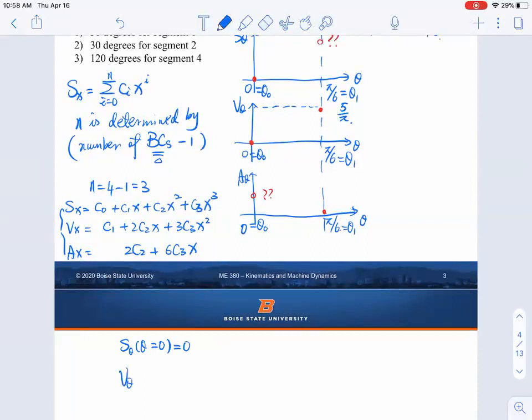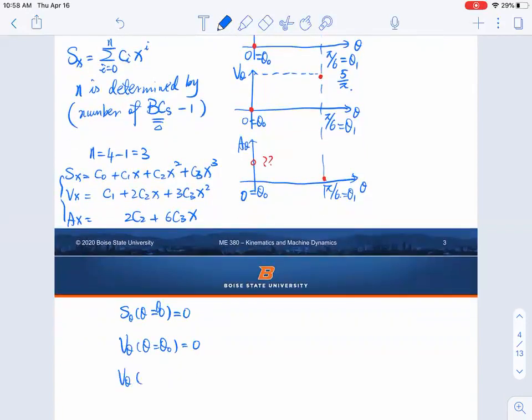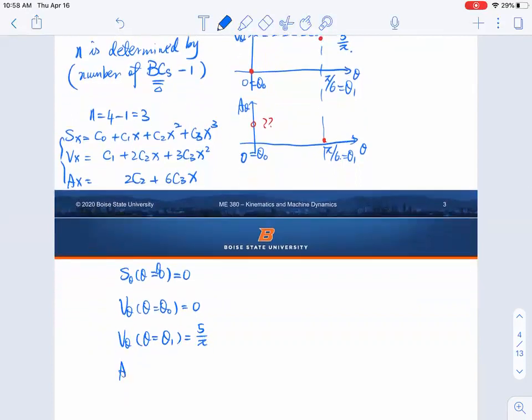We have V theta when theta equals theta naught, let's put theta naught, that's more universal, that's 0. We have V theta when theta equals theta 1, that's 5 over pi. We have acceleration in the theta domain when theta equals theta 1, that's 0.